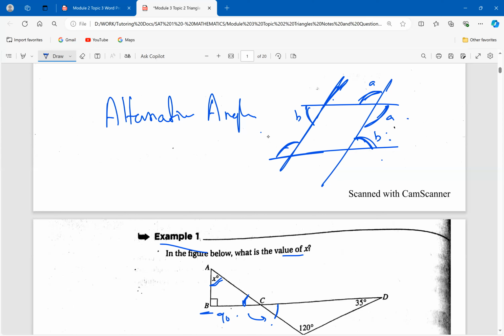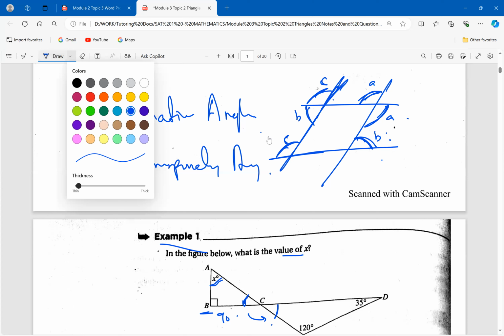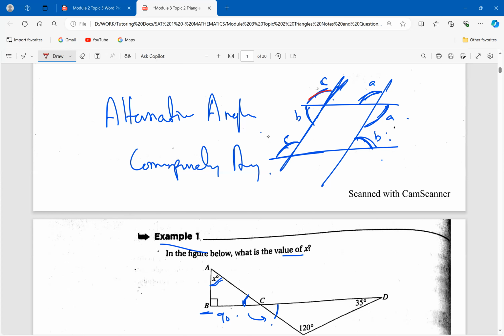And then the third type is corresponding angles. Corresponding angles are these ones. If you have C over here, this is angle C. Let me use different colors so it's easier for you guys to understand. So I'm coloring corresponding angles in red. All right. So the red angles are called corresponding angles.